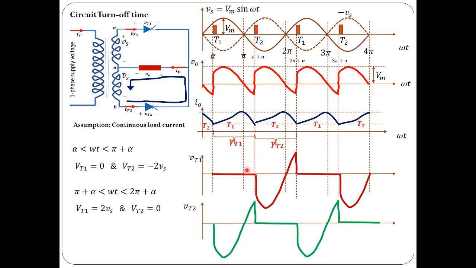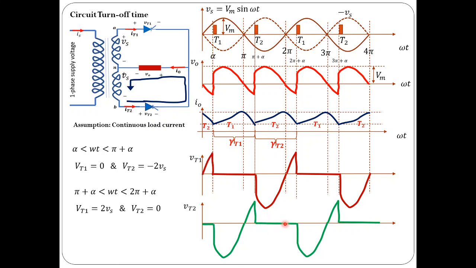From omega t ranging from pi plus alpha to 2 pi plus alpha, you can see that the voltage across thyristor 1 is 2Vs, and this is Vs, so 2 times this Vs is 2Vs, shown this way. During this period thyristor 2 is conducting, so the voltage across it is going to be 0.